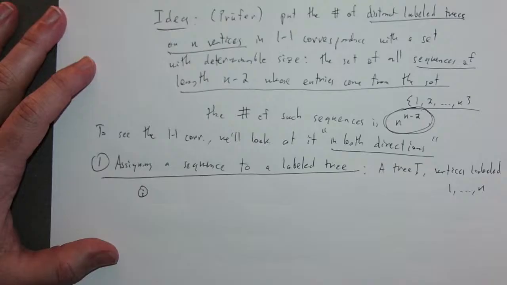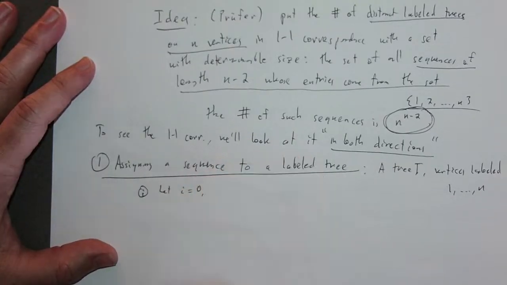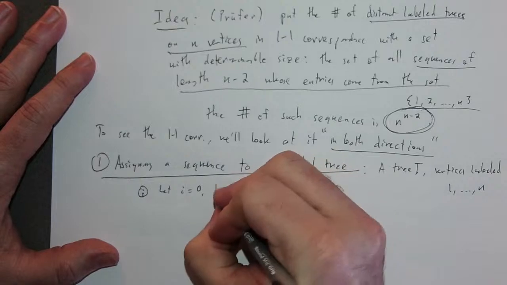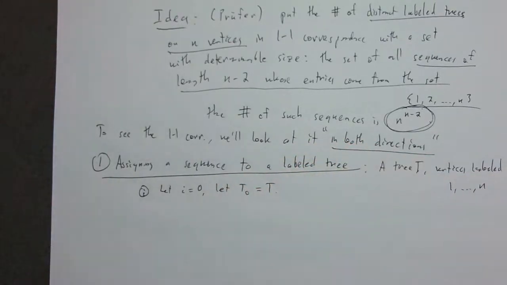First step, let i equal 0, let T sub 0 be equal to T. So our initial tree is just the tree we start with.